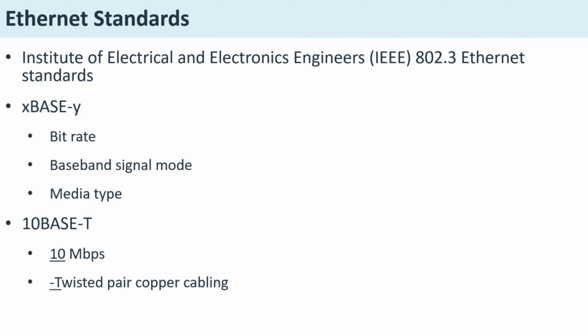Ethernet standards provide assurance that network cabling will meet the bandwidth requirements of the application. The standards specify the bit rate that should be achieved over different types of media up to supported distance limitations. These Ethernet media specifications are named using a 3-part convention, usually referred to as X base Y. This describes the bit rate in megabits per second or gigabits per second, and the signal mode, baseband or broadband.